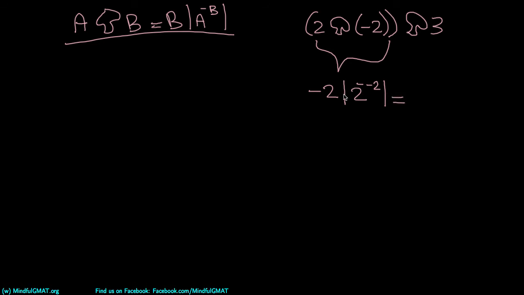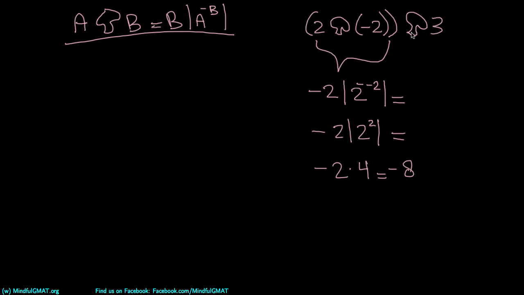The minus 2 just stays here, and 2 to the power minus minus 2 becomes 2 to the power 2. 2 to the power 2 is 4, and the absolute value is also 4, so it becomes minus 2 times 4, which equals minus 8. So you know that this part is minus 8.